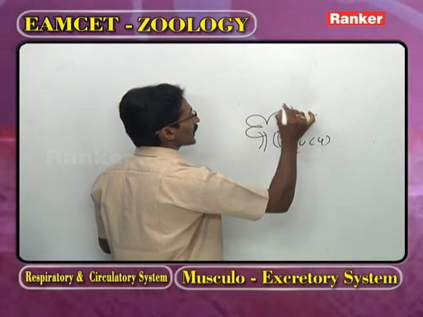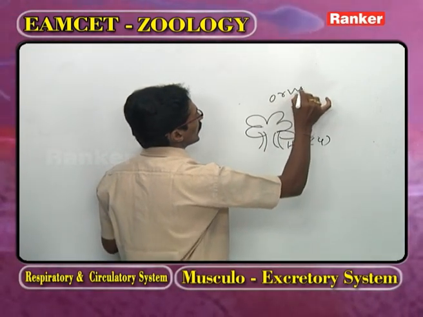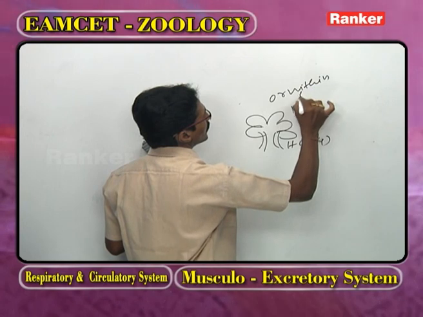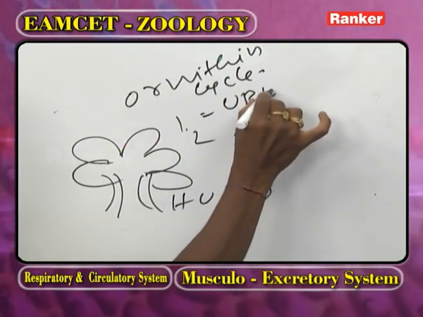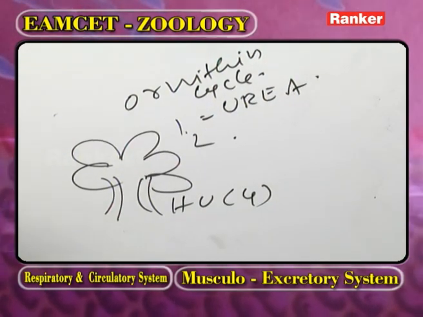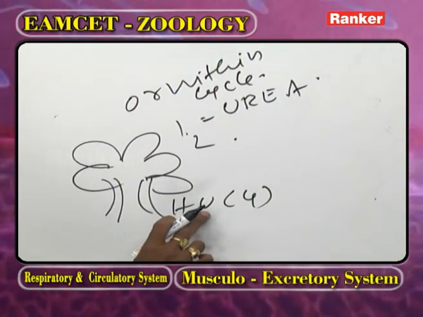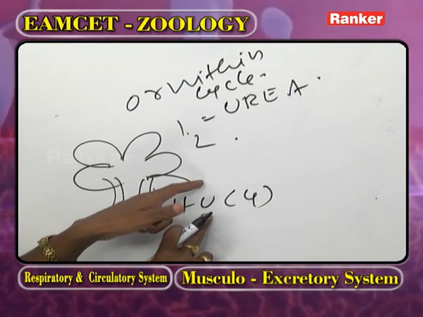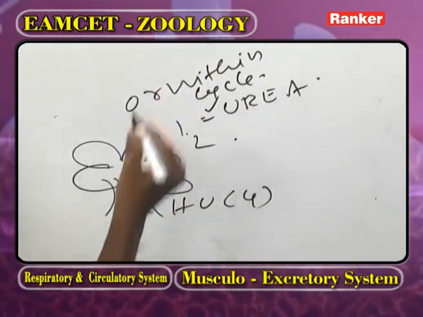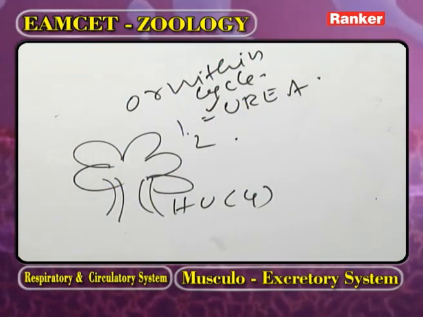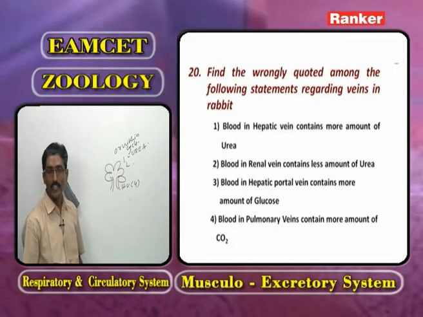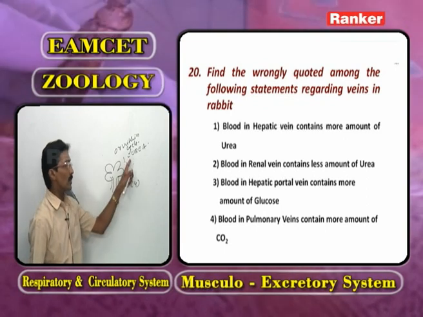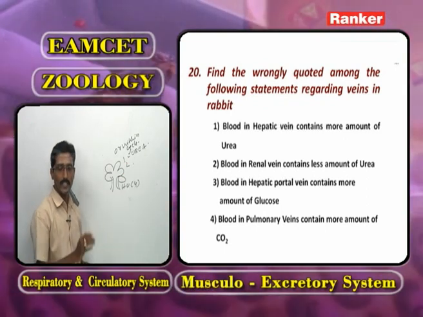Now in the liver, what is going to take place? Ornithine cycle. Because of the ornithine cycle, what will be obtained? The urea. So, in the blood of hepatic veins, urea is present. So, the statement is correct.